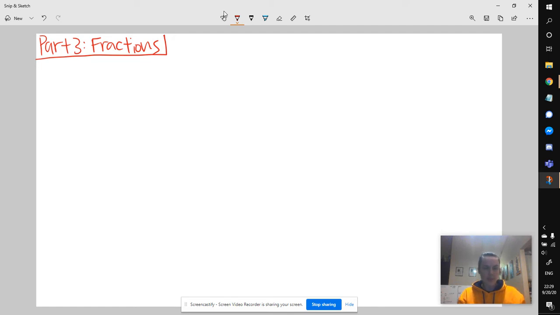All right, part 3 is fractions, but I really mean rational expressions. So if we're adding or subtracting any fraction, just with numbers, with variables, with polynomials on top and bottom, aka rational expressions, the first thing you're going to do is find a common denominator. Well, okay, step 0 is always simplify.